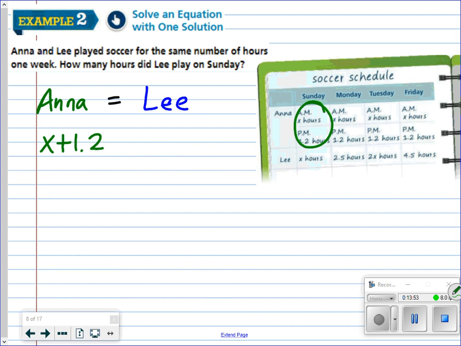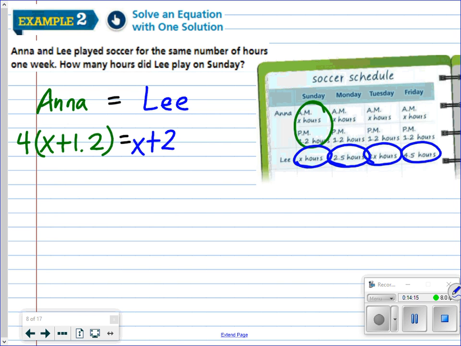It's the same for 4 days. So I'm going to multiply that by 4. Now Lee's is not as easy. We've got X hours on Sunday, 2.5 hours on Monday, 2X hours on Tuesday, and 4.5 hours on Friday. So I'm going to write all those out.